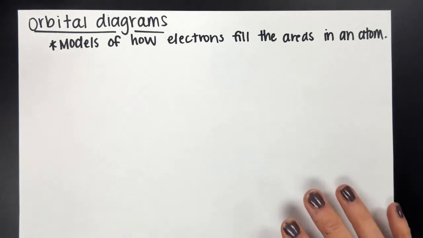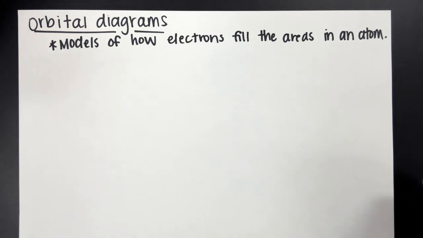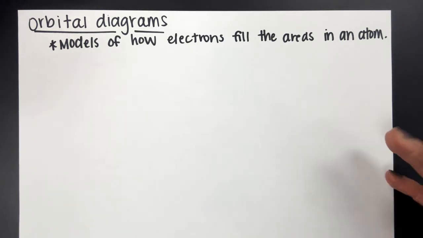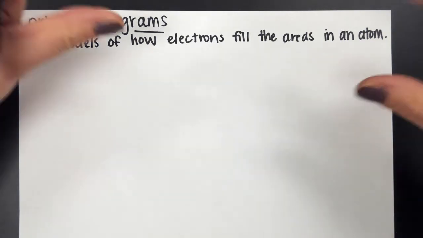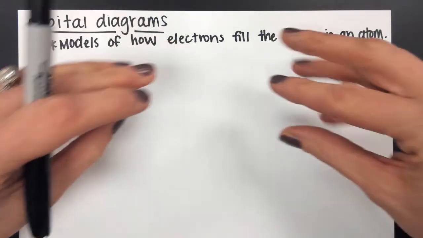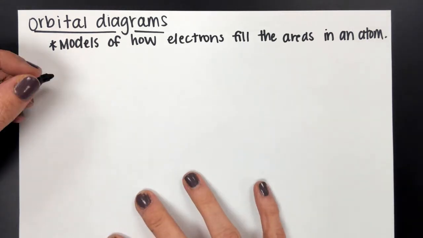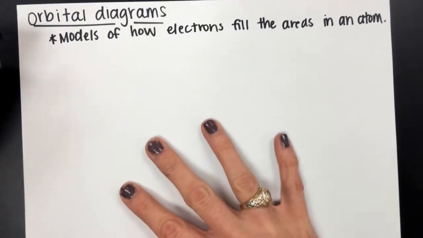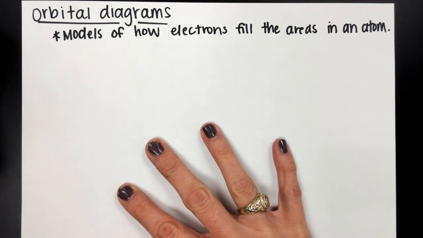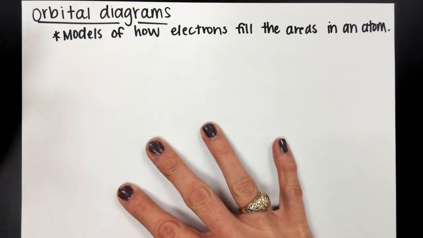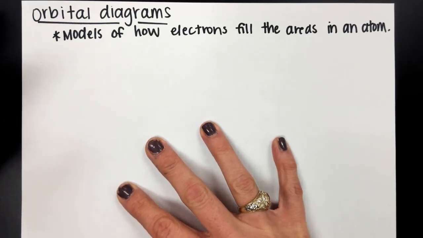Okay, so an orbital diagram is a model of how electrons fill the areas in an atom. And remember, those areas are your principal energy level, your sublevels within that, and the orbitals within that. You have 3 rules that tell us how those electrons behave and how they fill those orbitals.